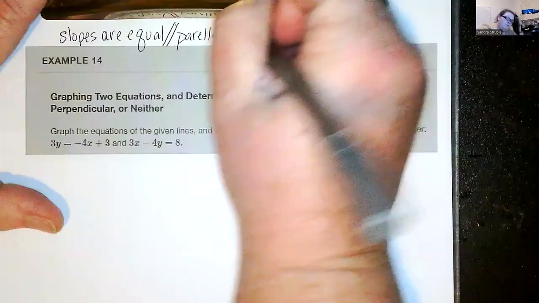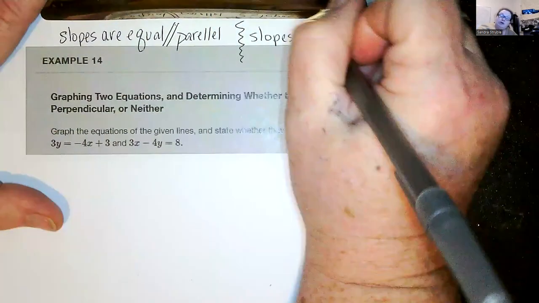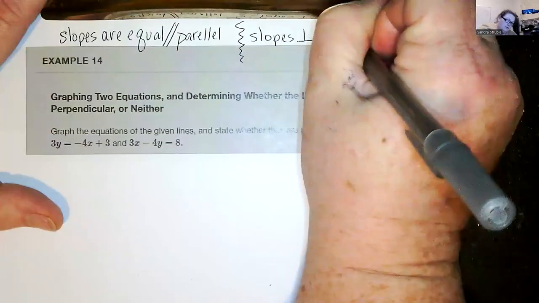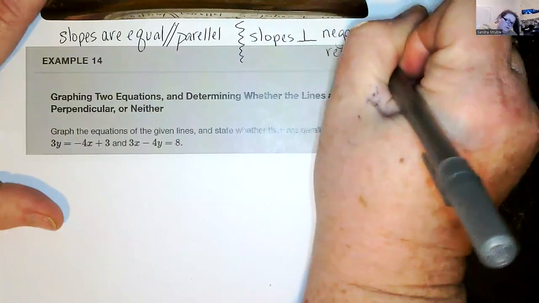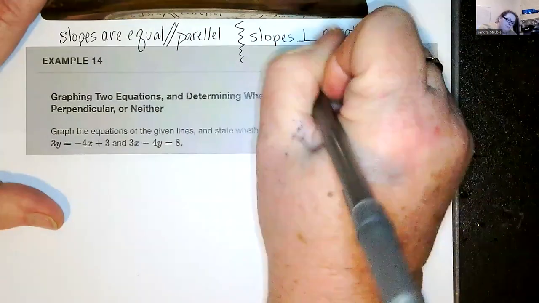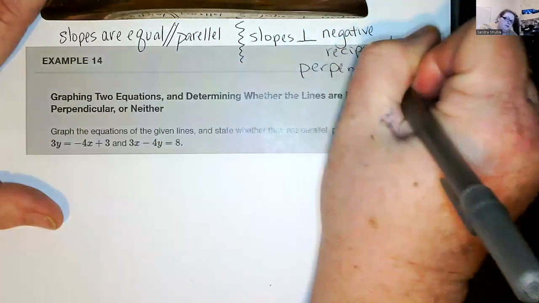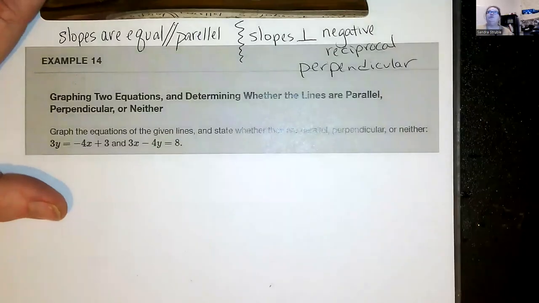If the slopes are a negative reciprocal, that's perpendicular. Perpendicular. If it's neither one of those, then the answer is neither.